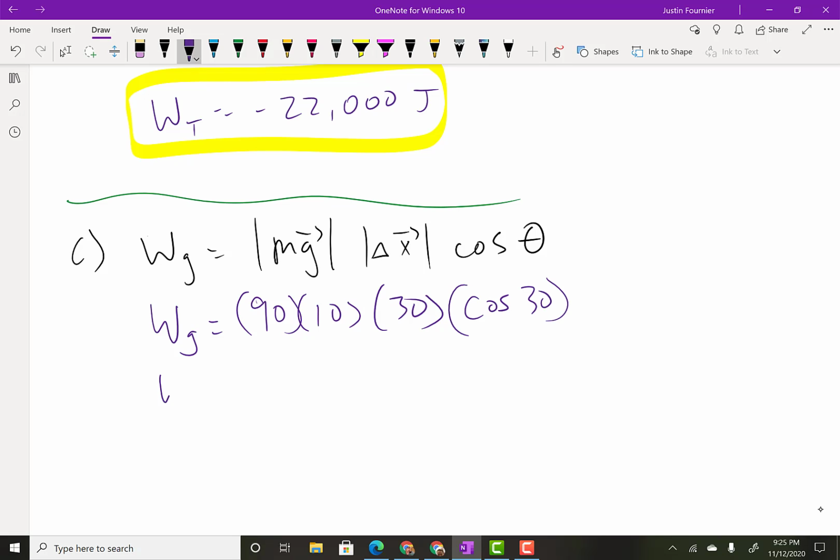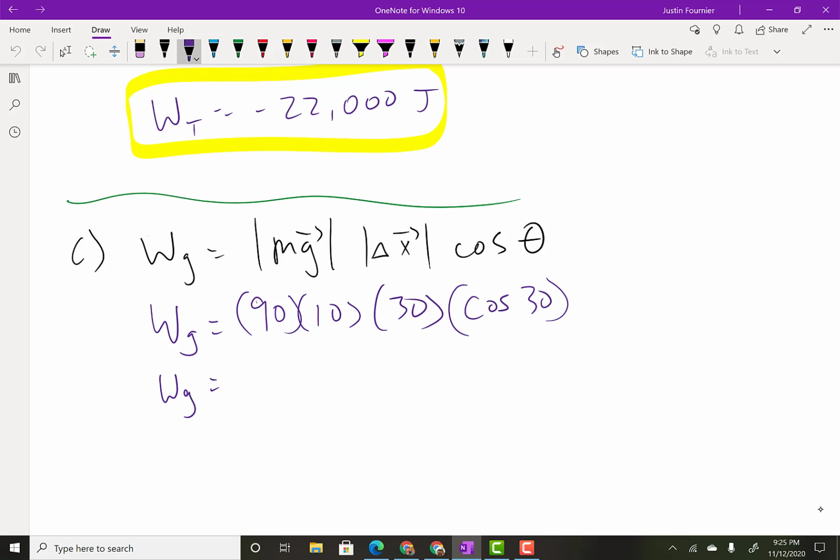All right, now I can calculate all this. That's 90 times 10 times 30 times cosine 30.